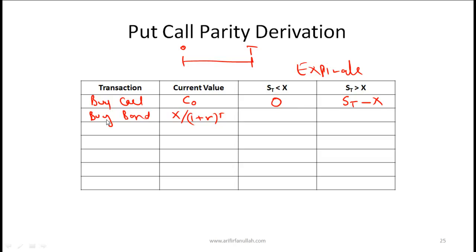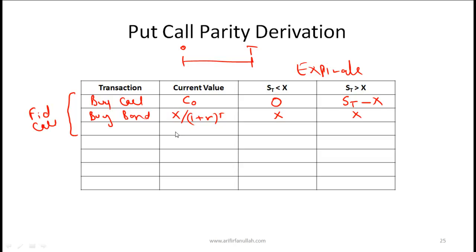What about the bond? So the current value is this. At expiry, the value of this zero coupon bond is simply going to be X, by definition. So what is the total value of this fiduciary call? Remember, this was the fiduciary call.